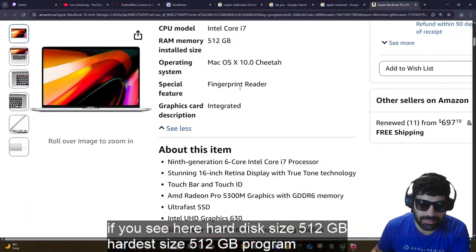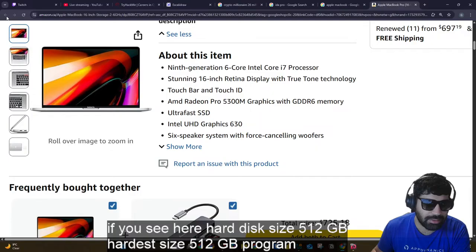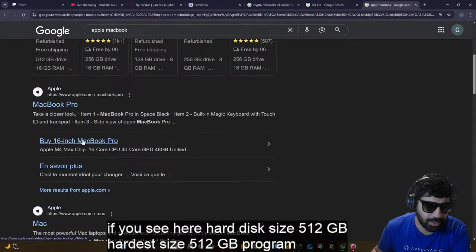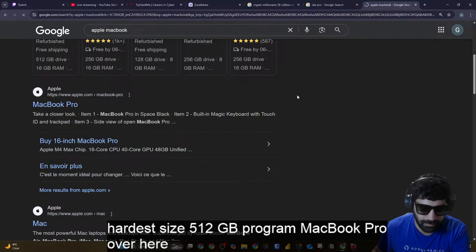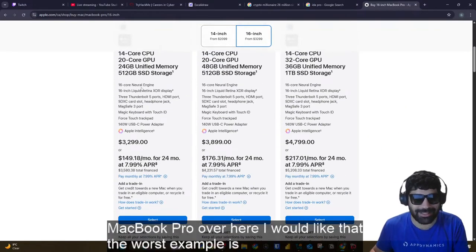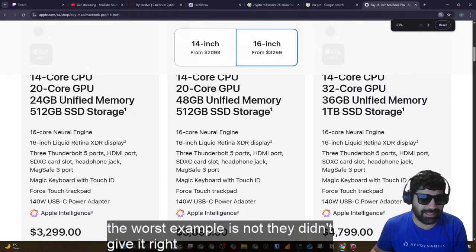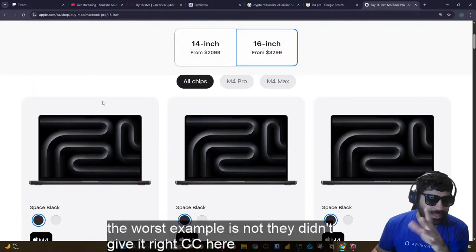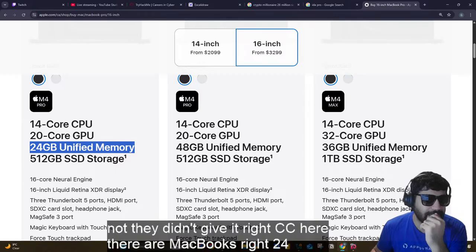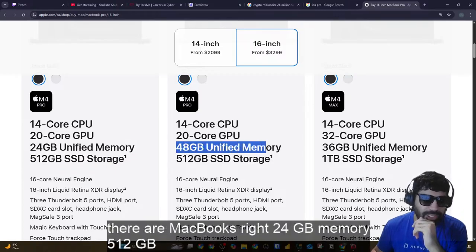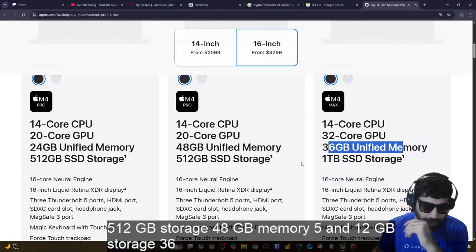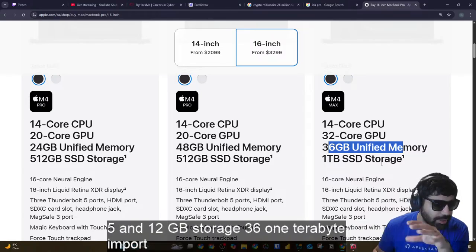No, that doesn't sound right. MacBook Pro. Okay, here. That was the worst example, they didn't give it right. See here, there are MacBooks: 24 GB memory, 512 GB storage. 48 GB memory, 512 GB storage. 36, 1 terabyte.